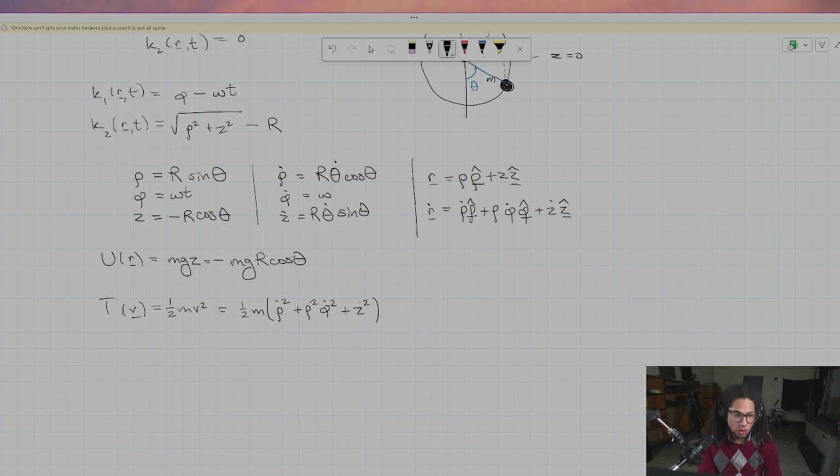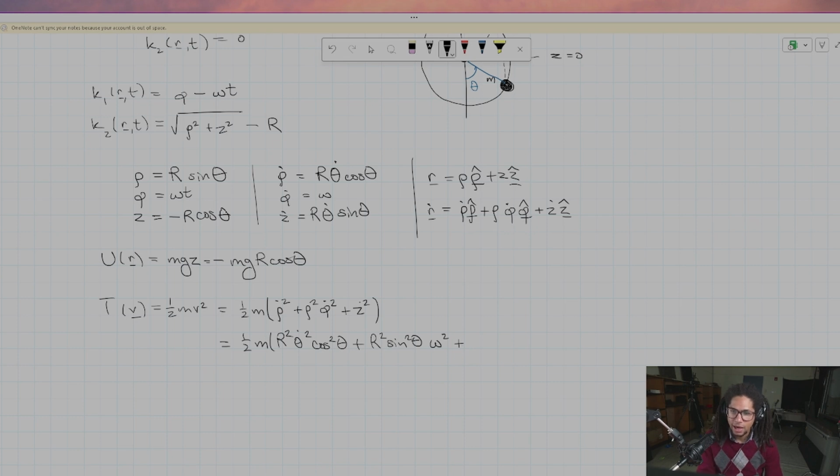Okay, now for our specific case, I want to rewrite all of these in terms of our generalized coordinate theta. So I get 1/2 m. Now I get rho dot squared, which is exactly r squared theta dot squared cos squared of theta, plus rho squared phi dot squared, which is r squared sine squared theta times omega squared.